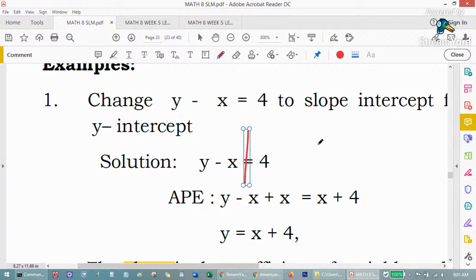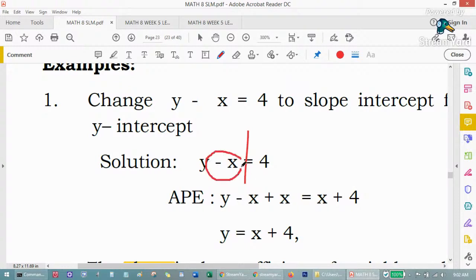Kapag merong from the left side na lumipat sa right side, yung sign niya ay magpapalit. So, kung negative siya sa left side, pag lumipat sa right side, magiging positive. Or kung positive ang sign niya dito, pag lumipat sa kabila, magiging negative.